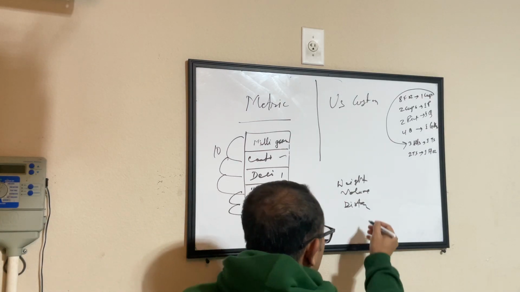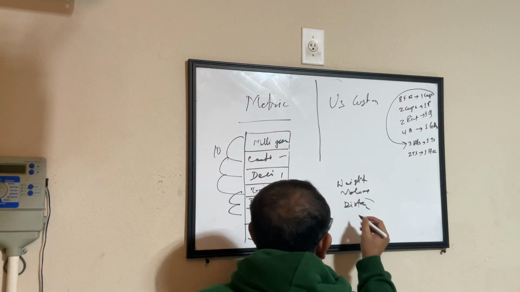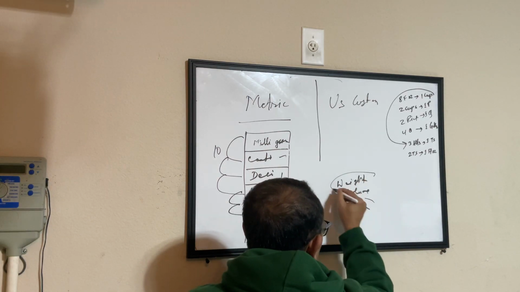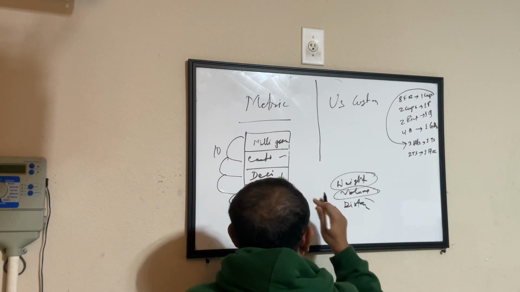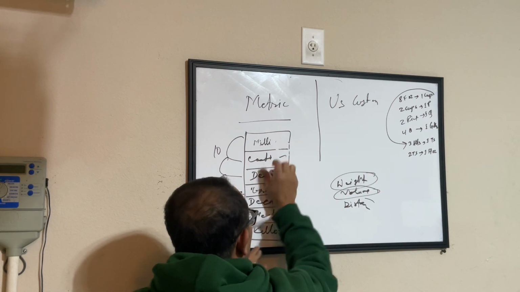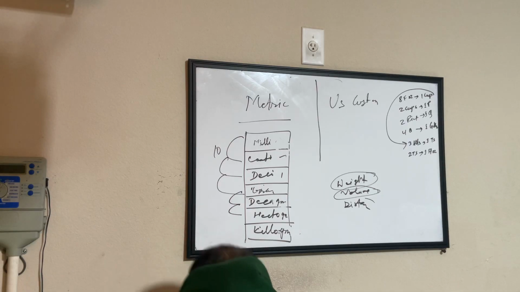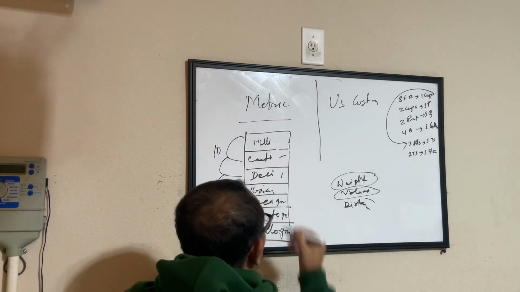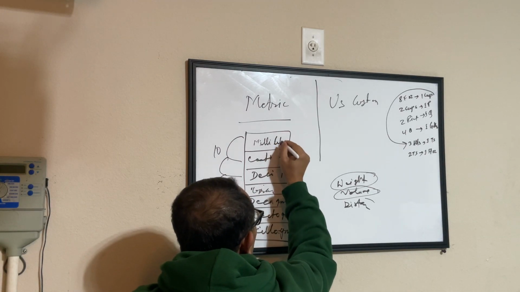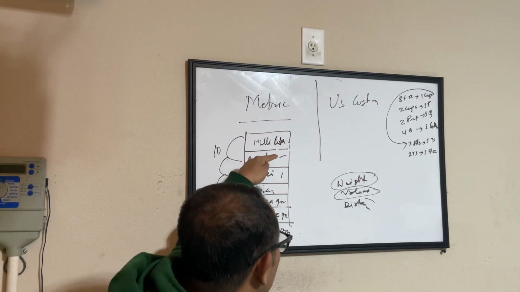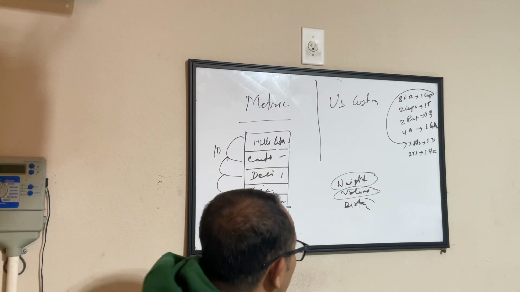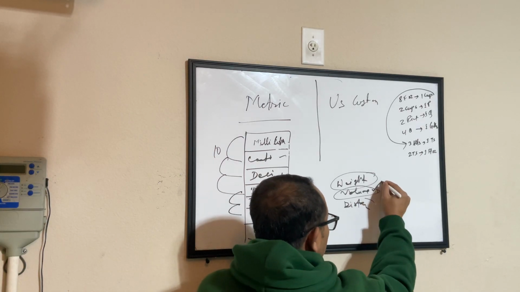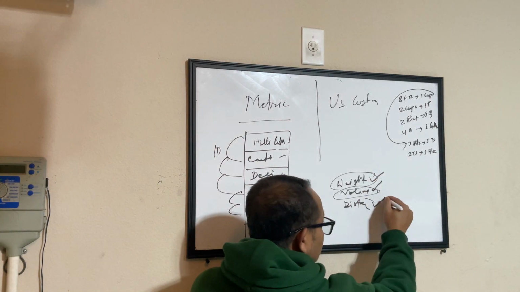Yep. So when you talk about distance, you use meter. When you talk about weight, you use gram. When you talk about volume, it becomes liter. So milligram becomes milliliter. You are replacing gram with liter, and this becomes milliliter, centiliter, deciliter, liter, decaliter, hectoliter, kiloliter. So volume is liter, weight is gram, and distance is meter.